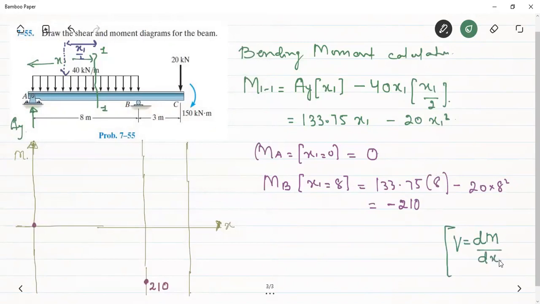I am going to derive this relation in the upcoming lectures, that shear force at any point is equal to the rate of change of bending moment with respect to x, that is V equal to dM by dx.